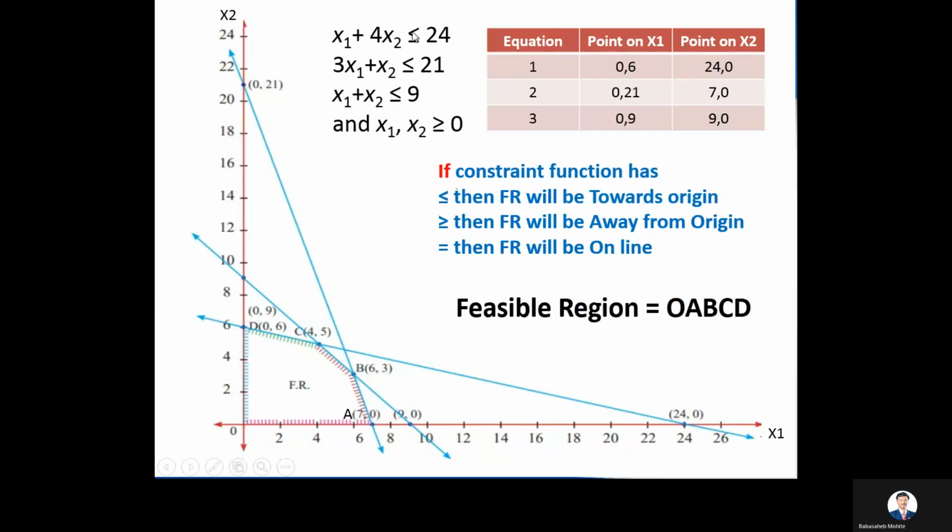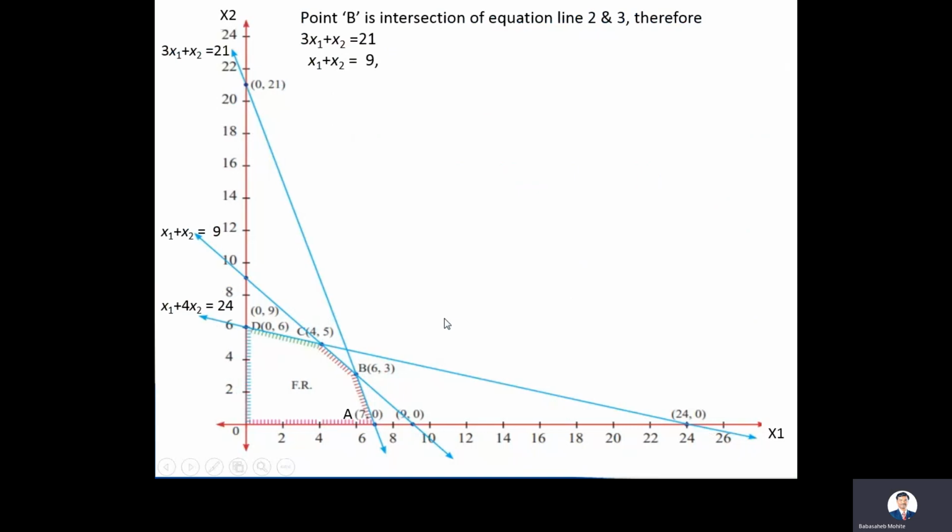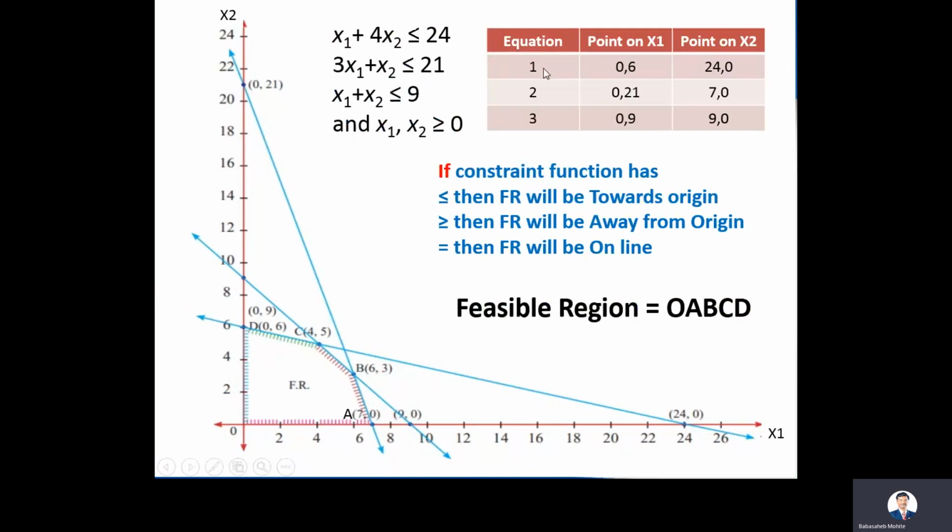Here all three constraint equations have less than equal to sign, so my feasible region is toward the origin. For the first line, with points 0, 6 and 24, 0, all regions below the line will be feasible for constraint 1.